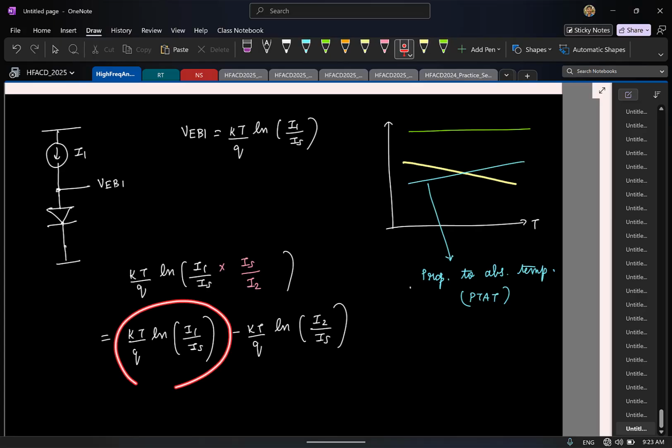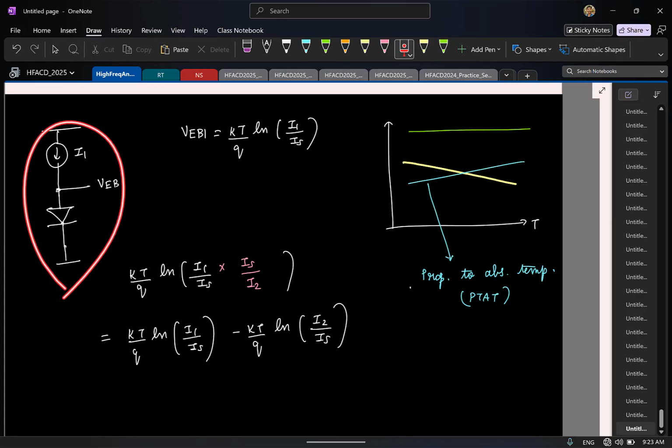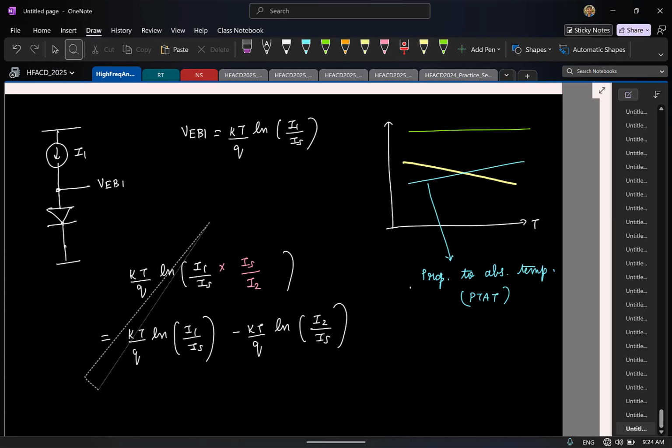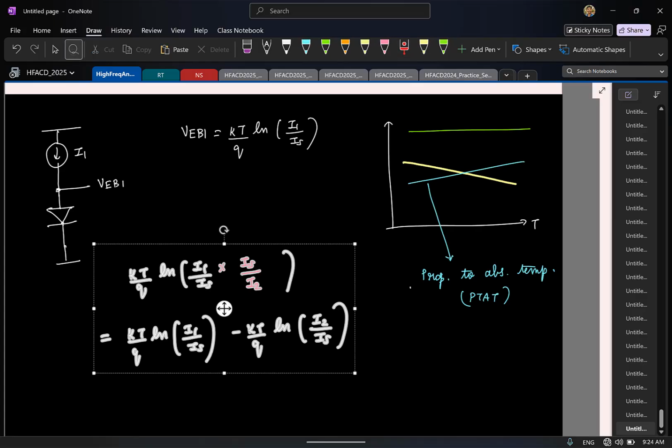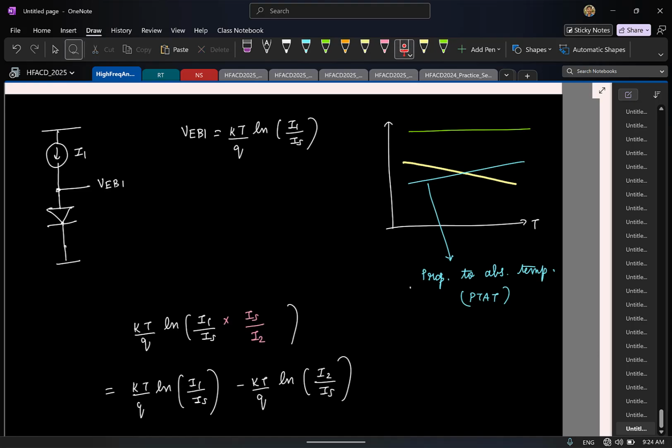So do you know how to generate this voltage? That's something we already have. How can we generate this second term of the voltage? What should I do? To get this voltage, what did we do? We passed a current I1 through a diode.